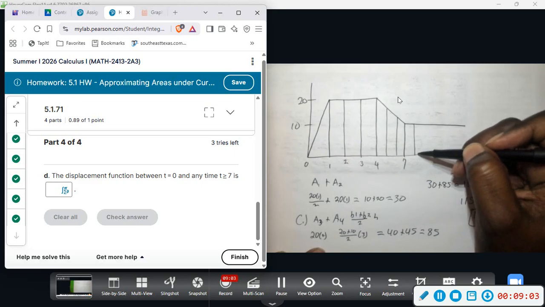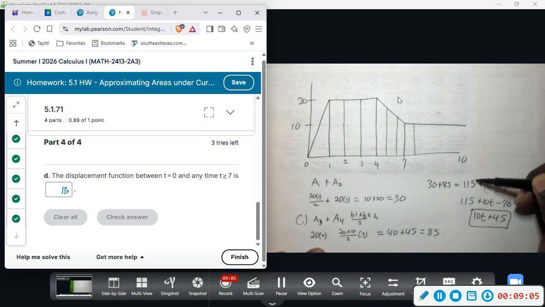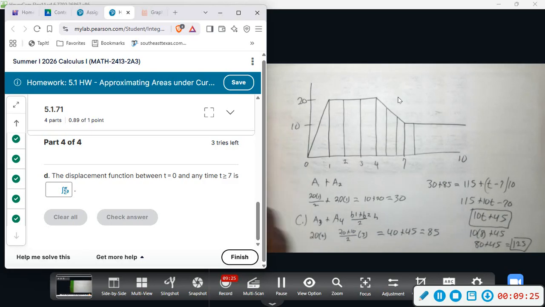If I go an additional 10 and do 8, we should be at 125. So we can test it. If I plug in 8, 10 times 8 plus 45 gives me 80 plus 45, which does in fact give me 125, which matches what I thought it should be. So this formula that works any time after 7 is going to be 10t plus 45.